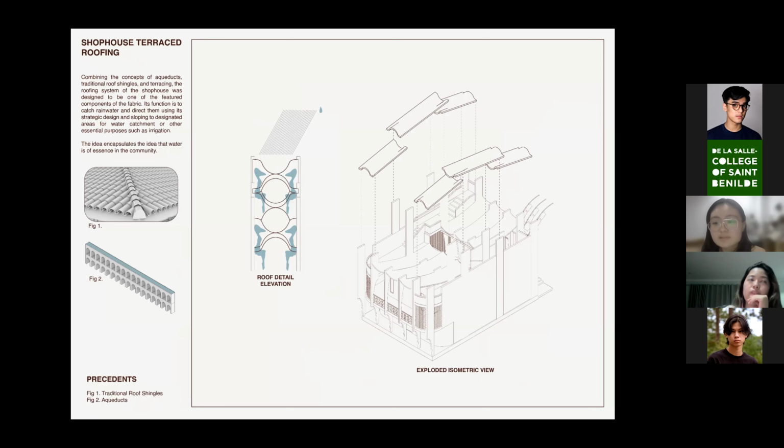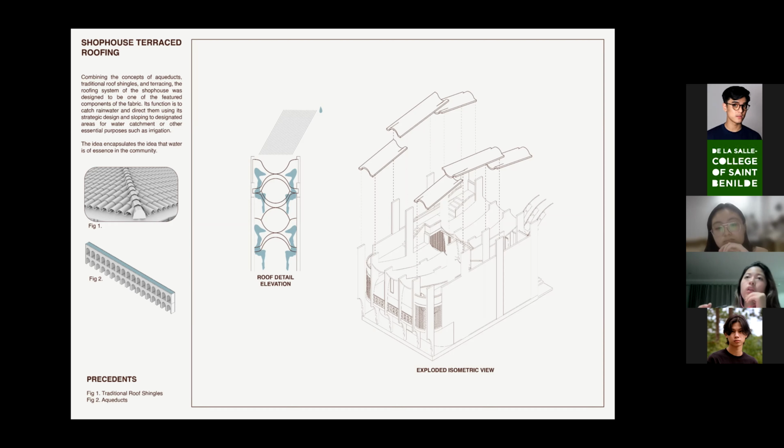Okay. So another idea that we designed for this project was the terraced roofing system. We tried to combine the concept of aqueducts and the traditional roof shingles and terracing to create a design feature for the fabric building.